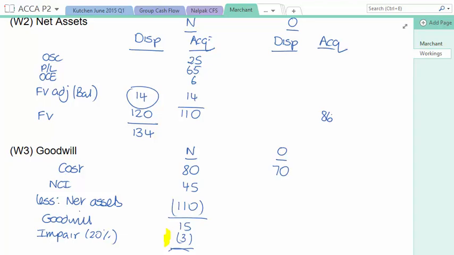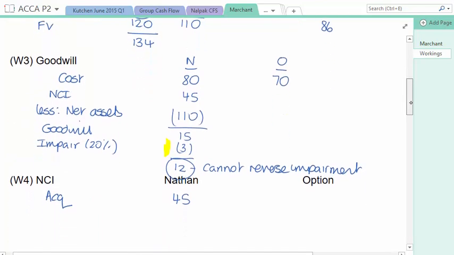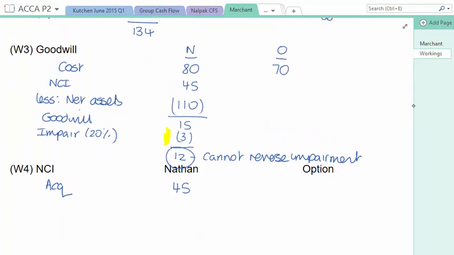And the NCI had a fair value of 28 at that date. So we say the NCI at acquisition has got a figure of 28. We're using the fair value method, so I'm going to add on that figure of 28 to our goodwill calculation.